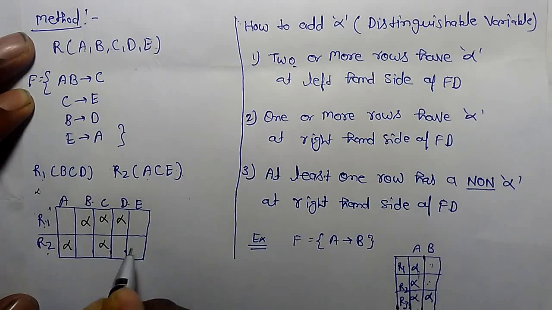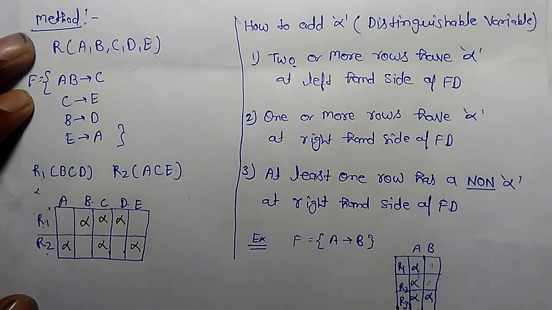Now, if we are able to add alpha in at least one row, getting one row completely filled with alpha, this is our aim.